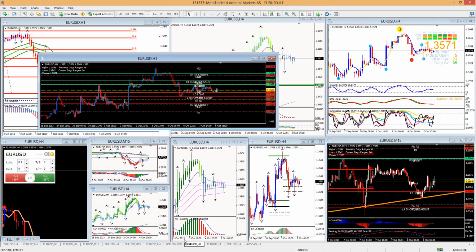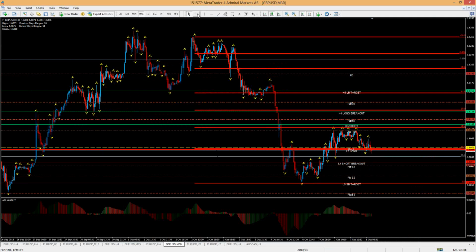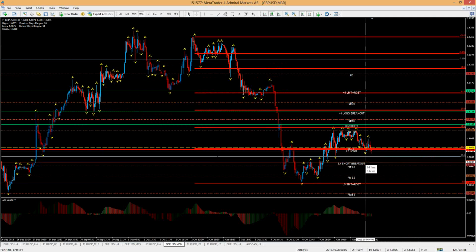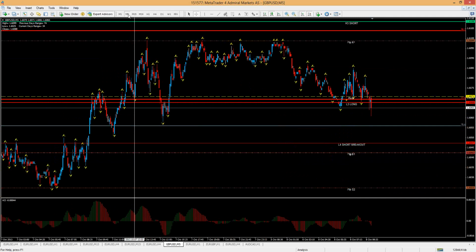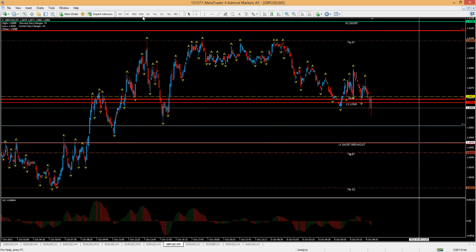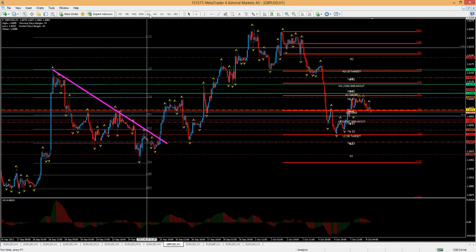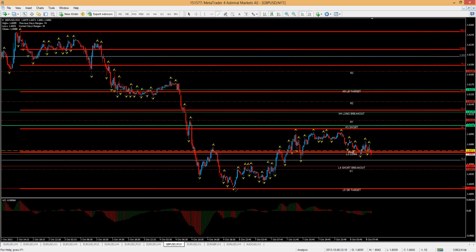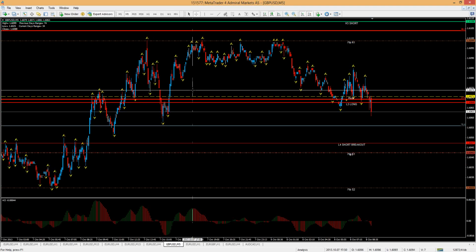Just want to take a look where the pound is having its L4. 160.48. Okay. Let's see.